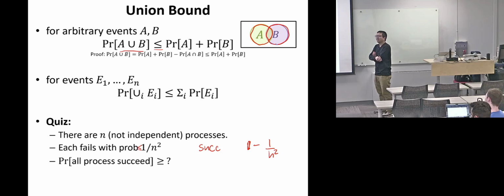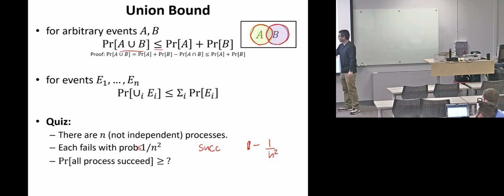I guess you could kind of use the union bound and multiply by n, adding each one of them n times for all processes to succeed. And you get, I guess, n minus 1 over n.